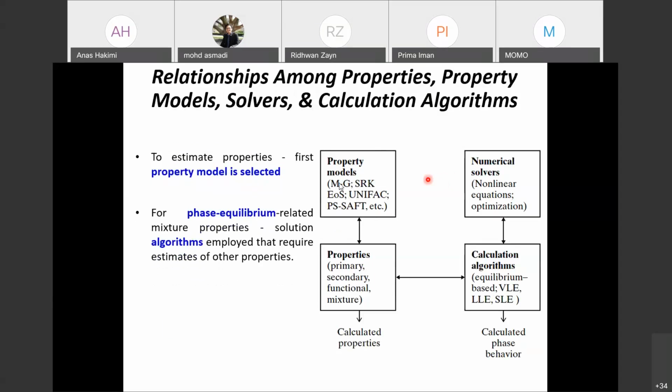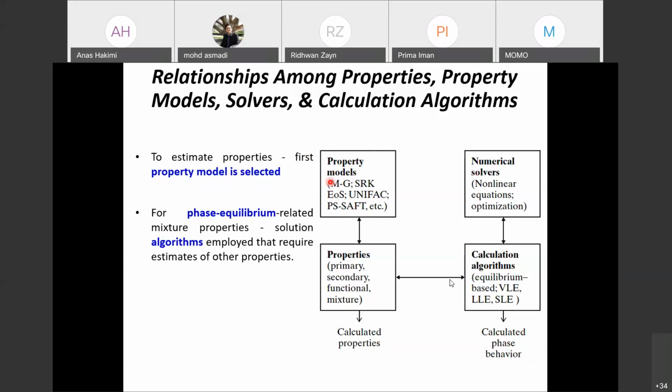So you have to calculate by using, for example, Marrero-Gani, the SRK model, or UNIFAC. If you want to estimate the properties, we need these property models. You have to select this one, whether you want UNIFAC or PC-SAFT.